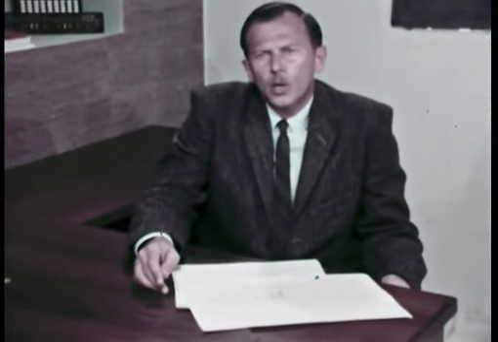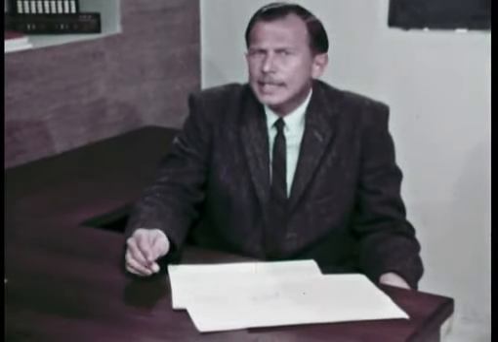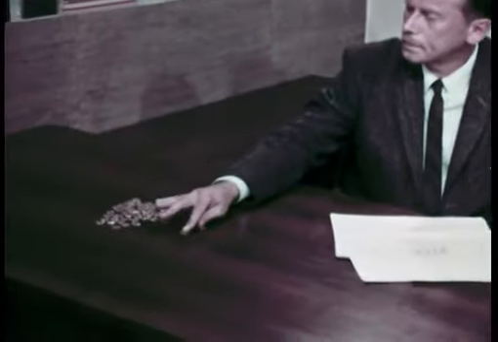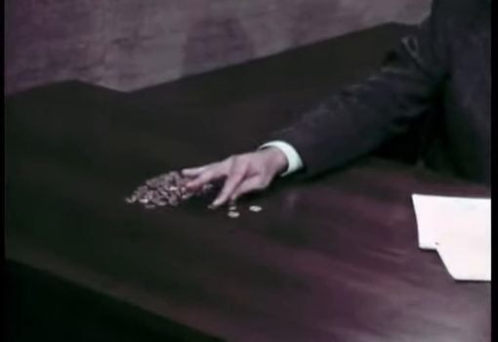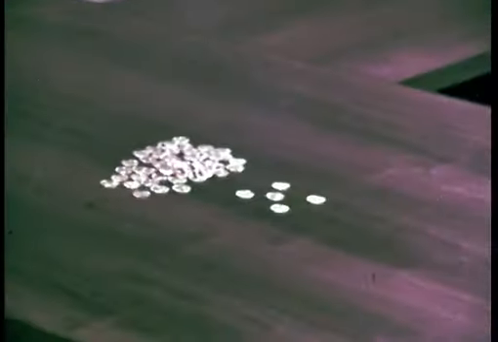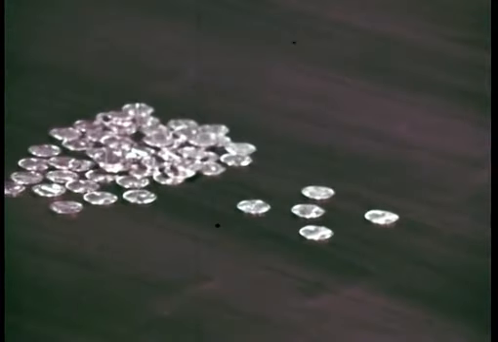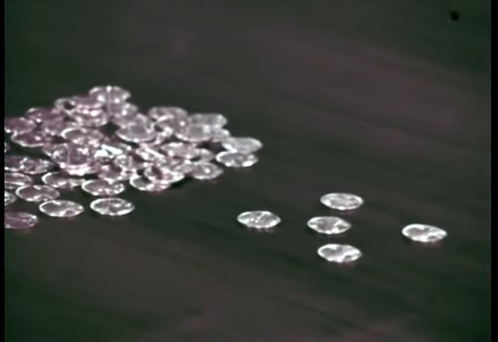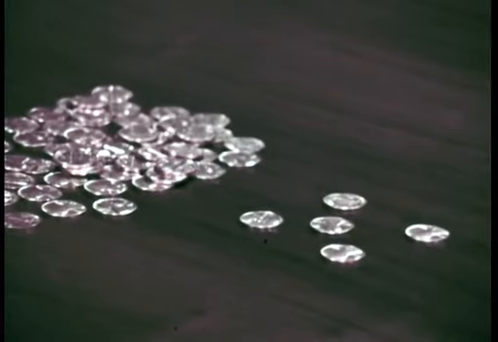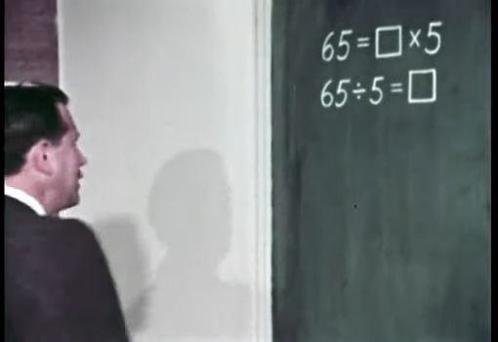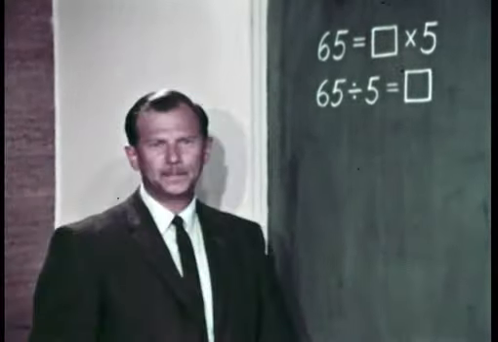Suppose we start with a simpler problem. Let's say we wish to exchange 65 pennies for nickels. We'll assume that the children haven't yet learned a division algorithm, but that they do know the basic multiplication facts, at least through 10 times 5.